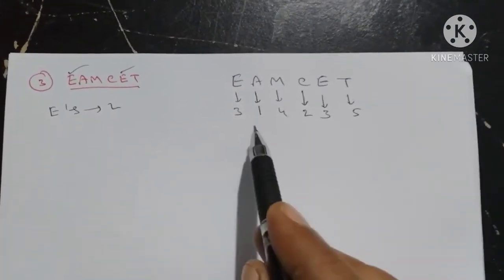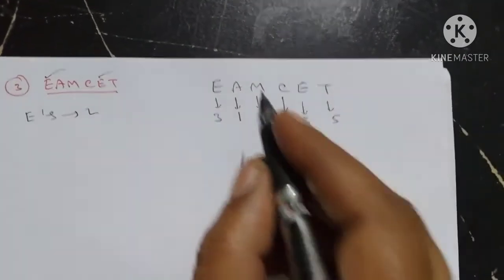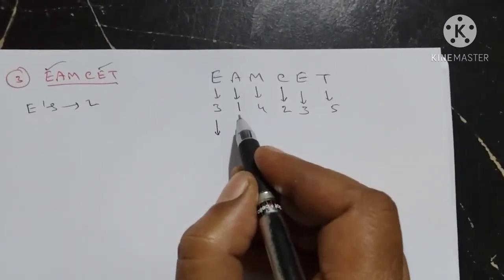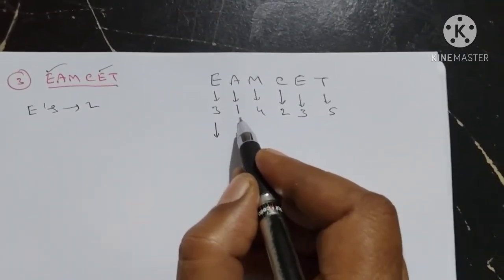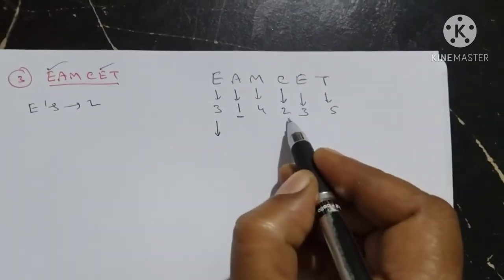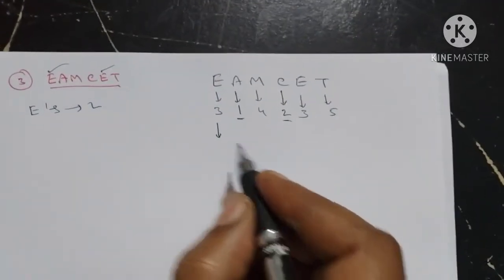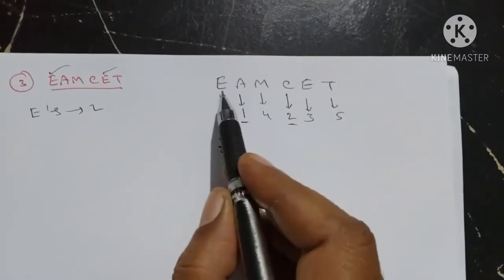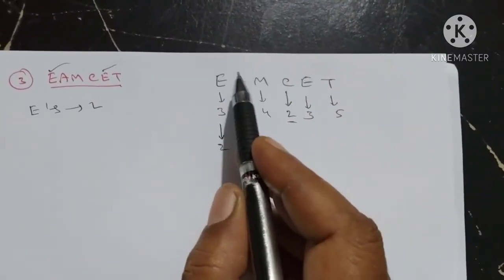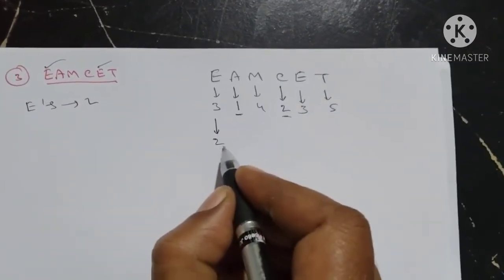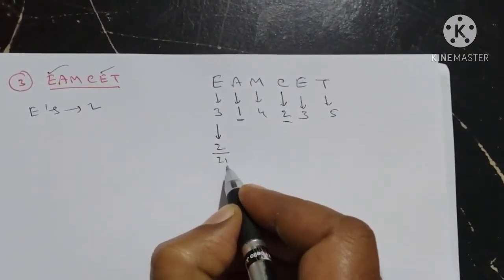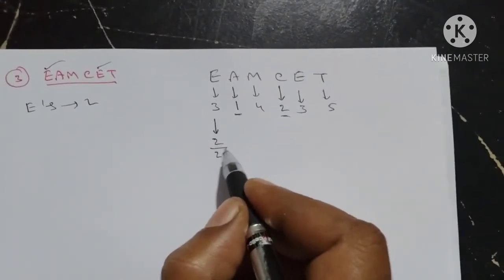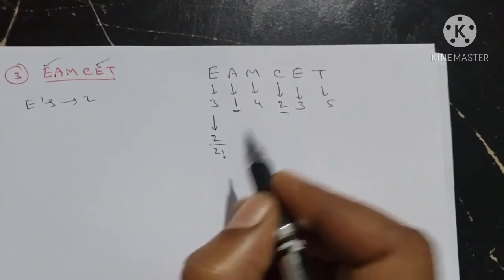Okay? Observe this. Now write for 3 the number of lesser values of 3 on the right side. So 1, 2, only 2. But here E's are repeated 2 times, so we write 2 divided by 2 factorial in the denominator.